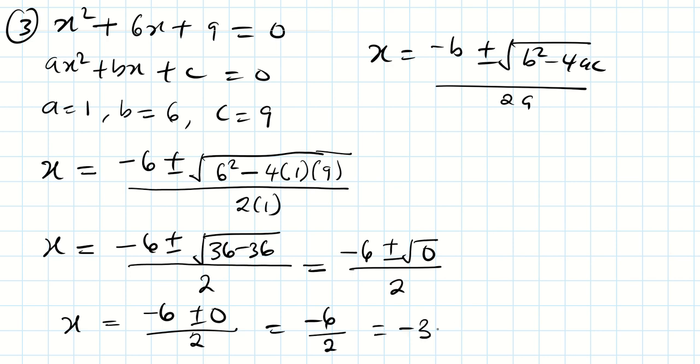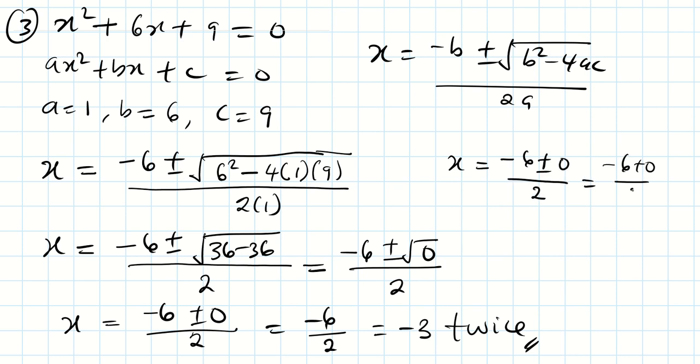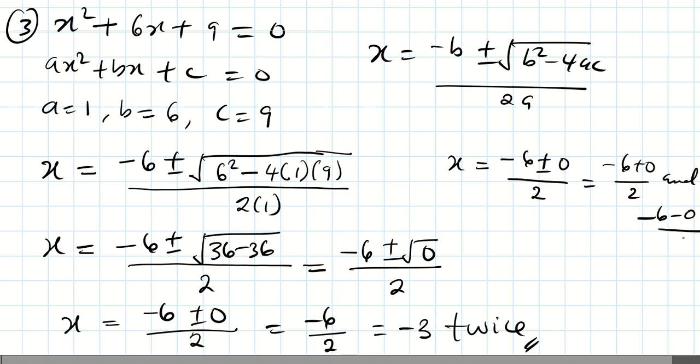minus 3. But remember, we have plus or minus 0, so it means the value of x is minus 3 twice. For some of us who will not get that clearly, x is equal to minus 6 plus or minus 0 over 2, which is then minus 6 plus 0 over 2, and minus 6 minus 0 over 2.